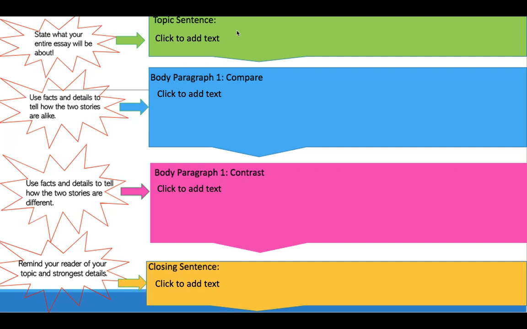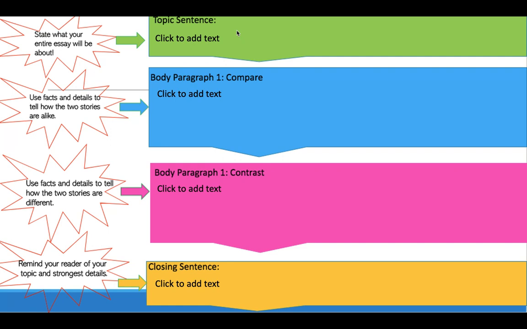It means one paragraph, but it's supposed to be actually the third paragraph in your essay, the second paragraph in your body. Okay, this is where you're going to tell how the stories were different. Okay, pink box, contrast, telling how they're different, using the details to tell how they're different.